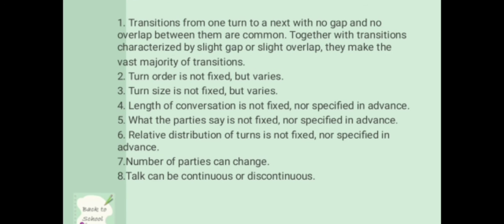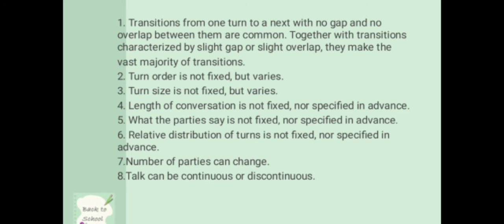Next is the set of facts in turn taking. Transitions from one turn to the next with no gap and no overlap between them are common. Together with transitions characterized by slight gap or slight overlap, they make up the vast majority of transitions. Turn order is not fixed but varies.